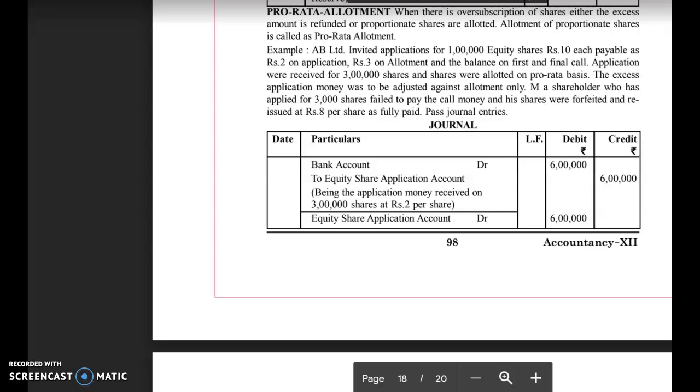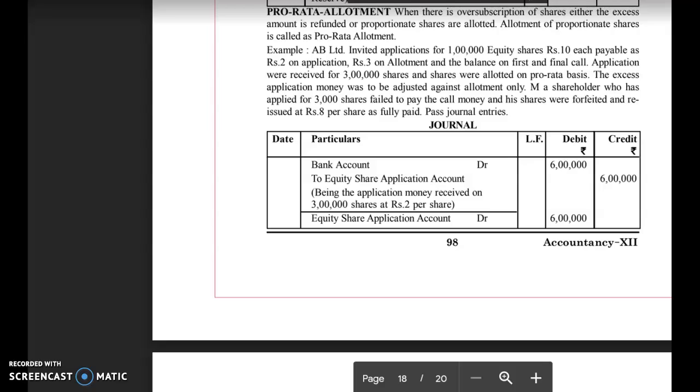Here, the first entry will be bank account debit to equity share application account, that is 3 lakh shares at the rate of ₹2 per share application money. ₹6 lakh will be shown in the bank account on account of share application. Now very clearly it is mentioned that the excess application money was to be adjusted against allotment only. Sometimes the application money is surplus and the company uses this money for the successive stages, that is allotment and call stage.